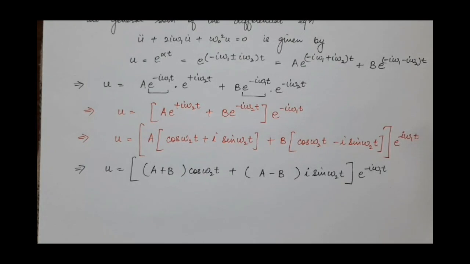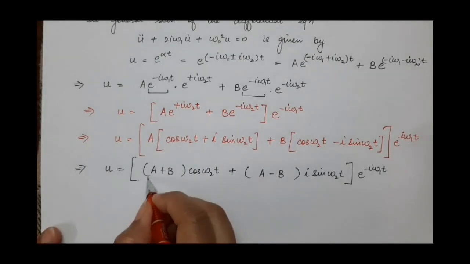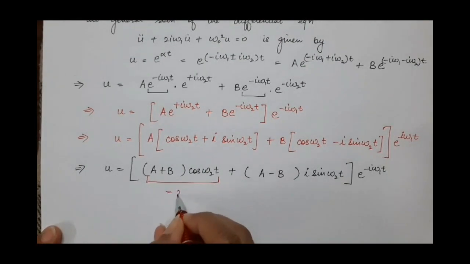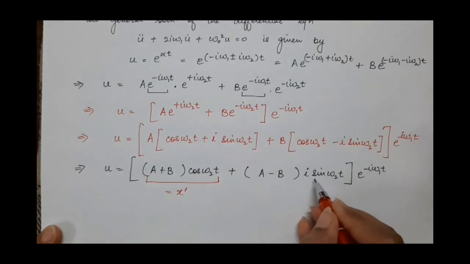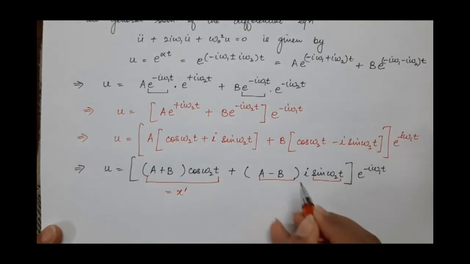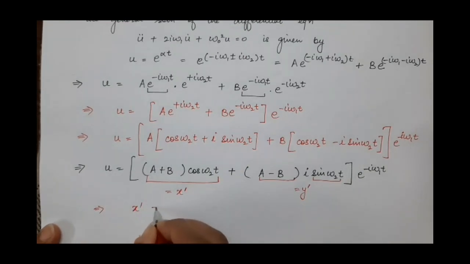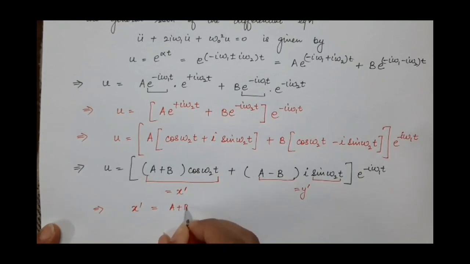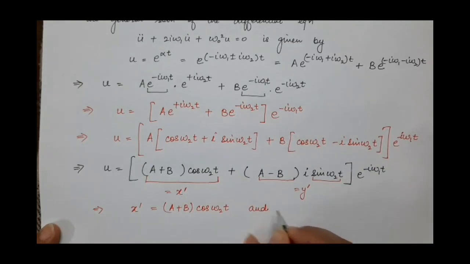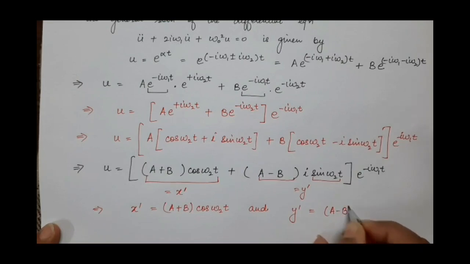Now suppose that this is equal to x dash and this term is equal to y dash. So this implies x dash is equal to a plus b cos omega 2t and y dash is equal to a minus b sin omega 2t.